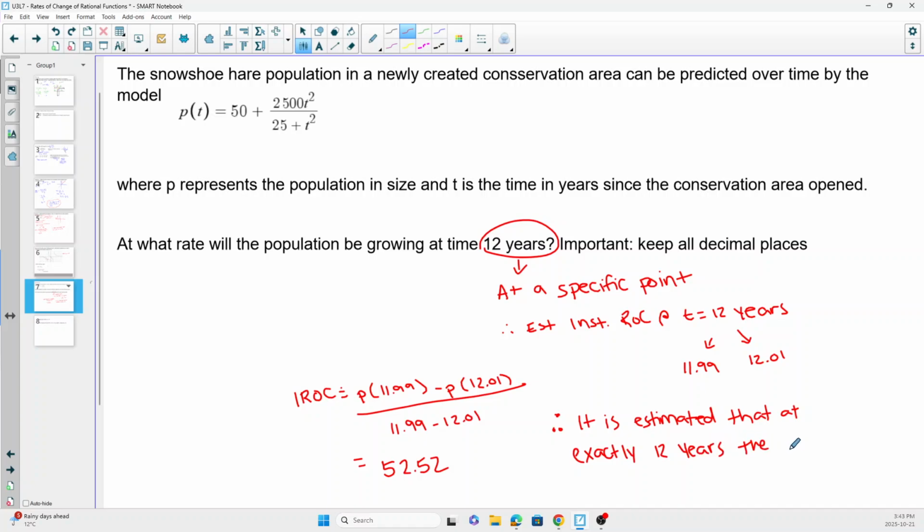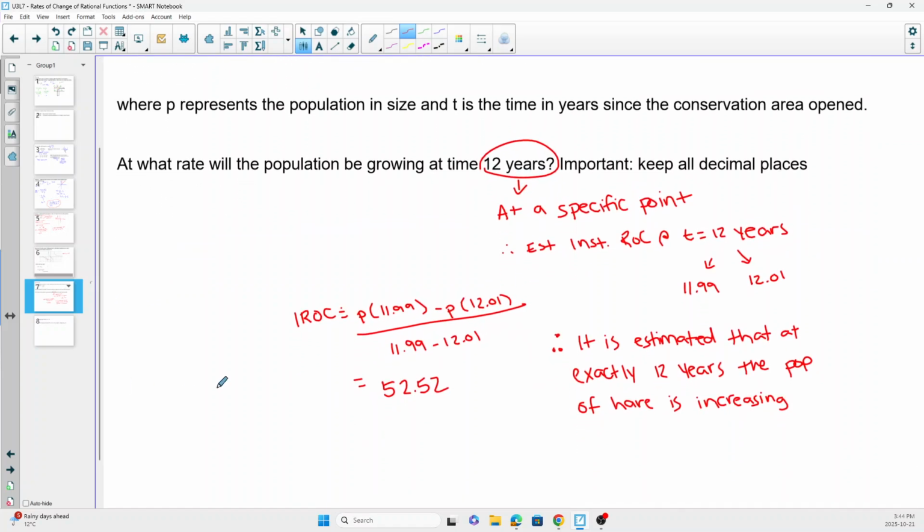the population of snowshoe hare is increasing. It's a positive rate of change, is increasing by 52.52, or we could just say by approximately 53 hares.